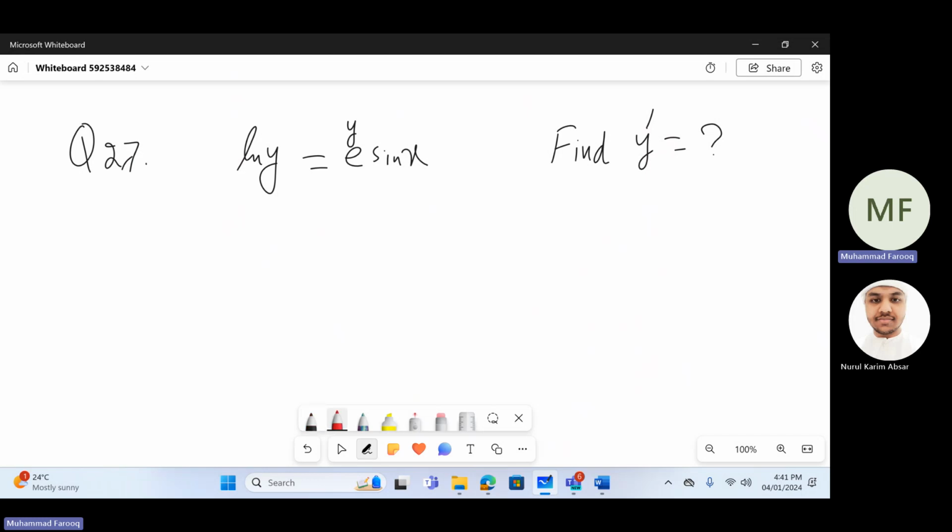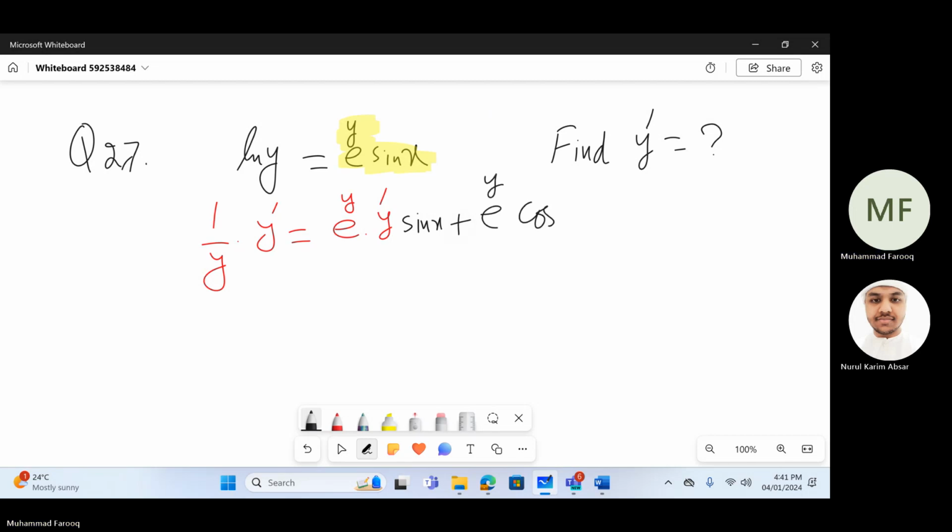The derivative of y is y prime. Then the product rule: u prime is e^y times y prime, times v, which is sin x, plus e^y as it is, times the derivative of sin x.